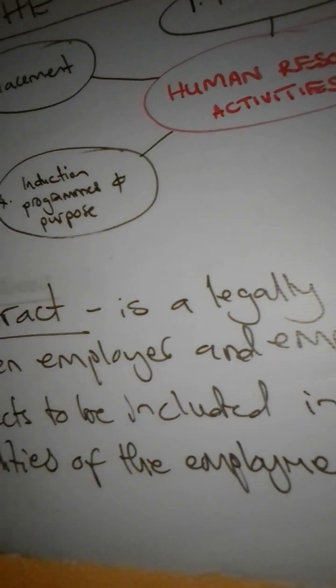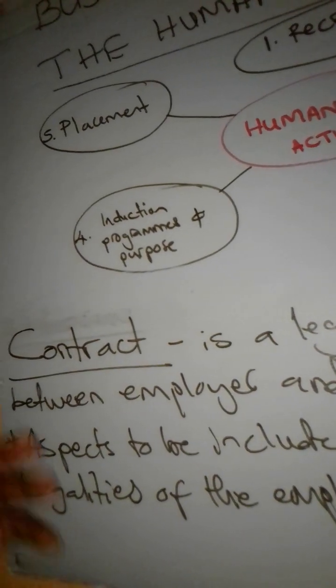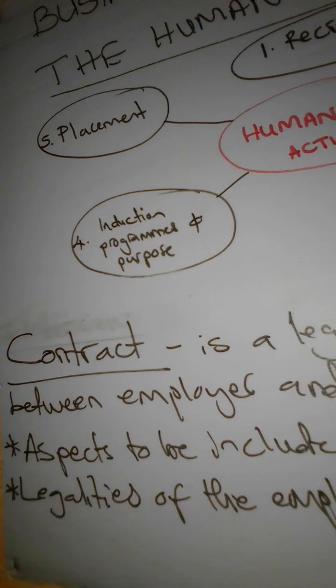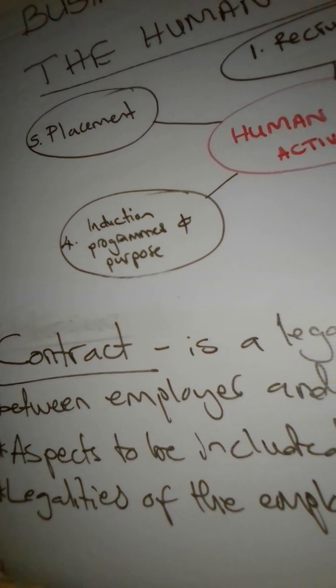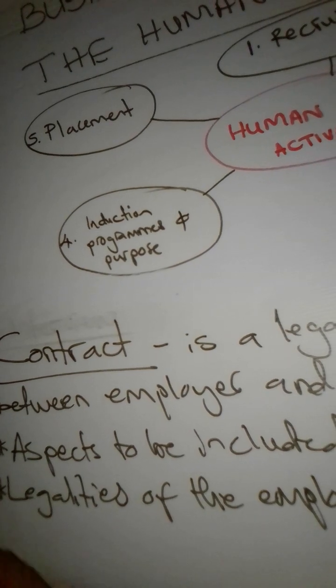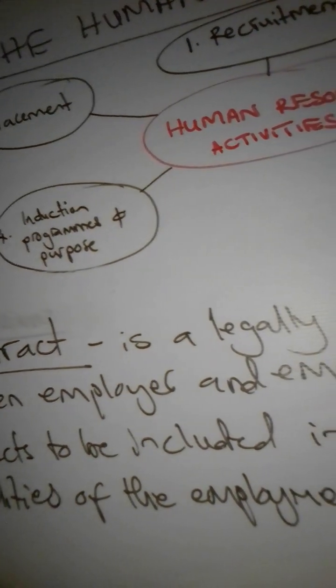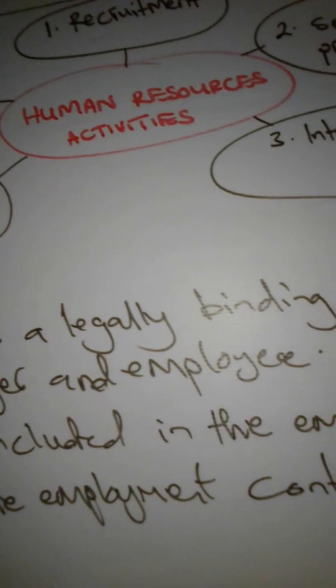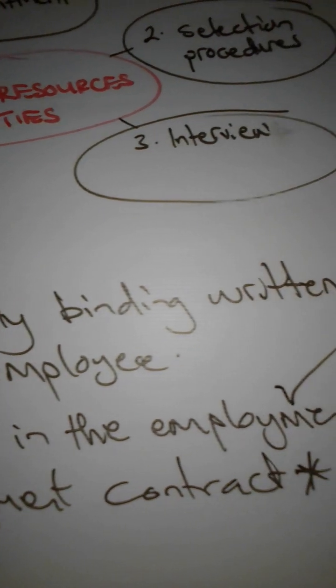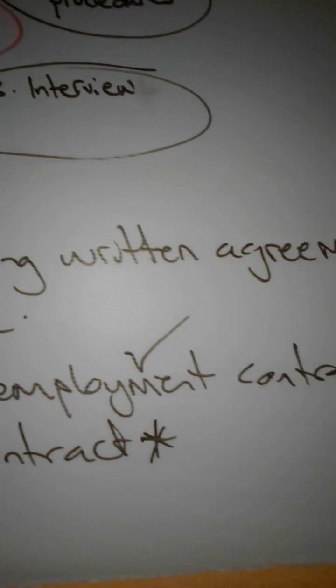In other words, as the employer is making an employment contract, he or she should make sure that whatever they have included in that contract is not going against what is indicated in the Basic Conditions of Employment Act.